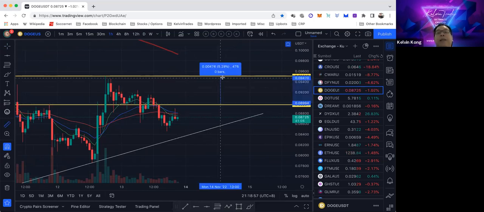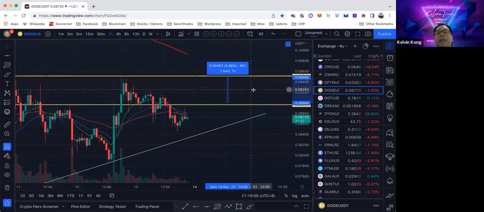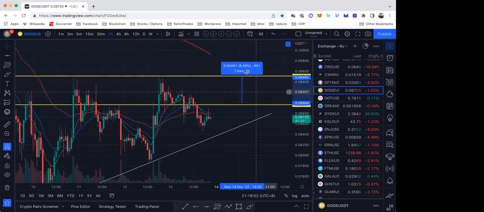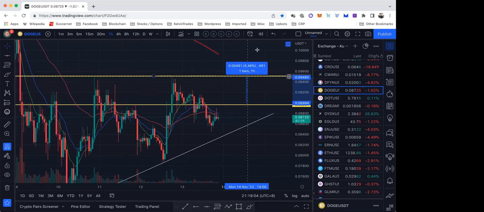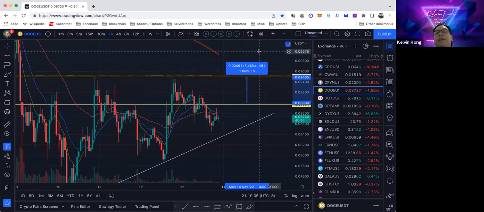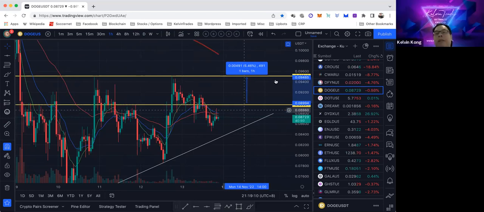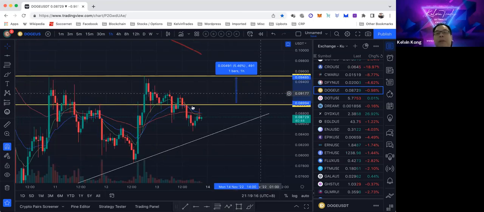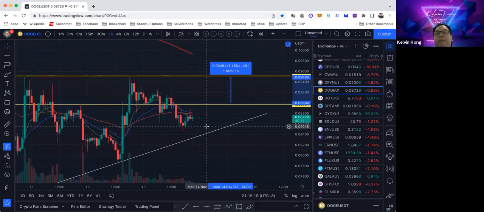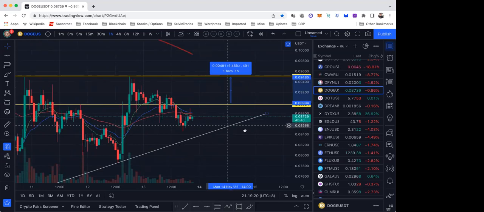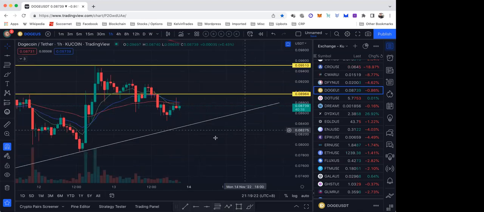Okay, 5%. Not too bad, right? On a 20x is 100%. If it breaks out somehow, hallelujah. If it were to move around this area, then the most you can make is about 100%. If it breaks out, it may hit and come down. So you just gotta wait.